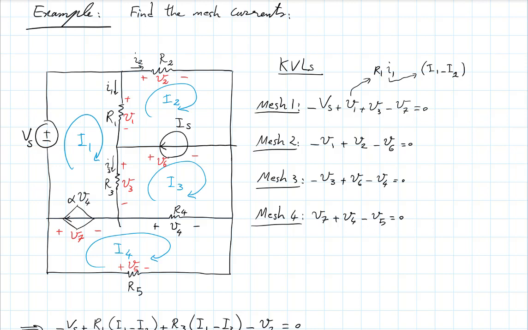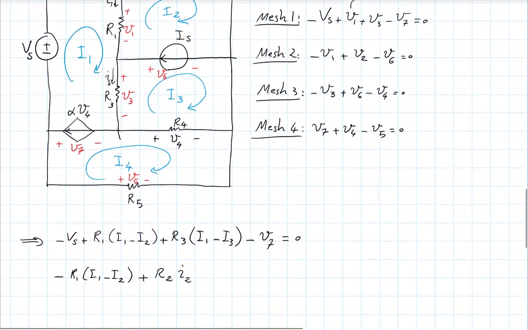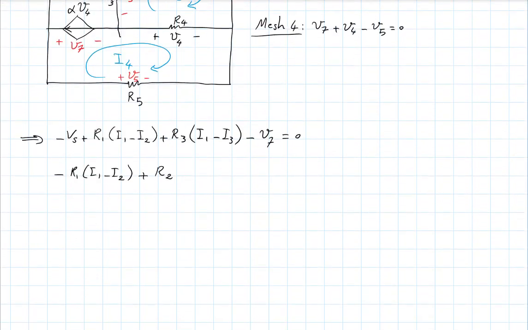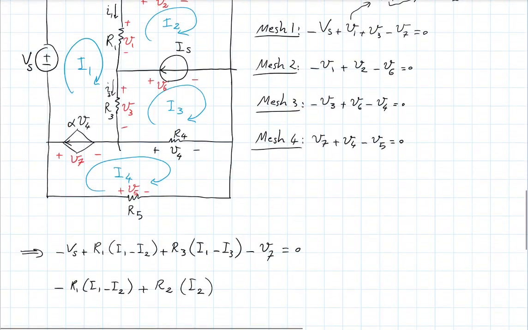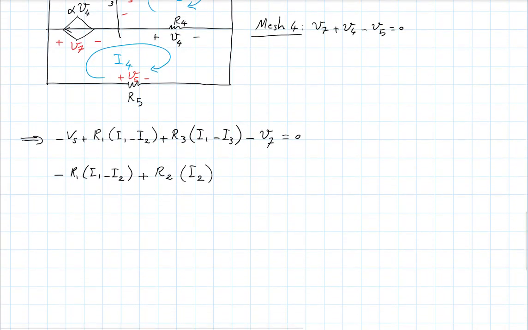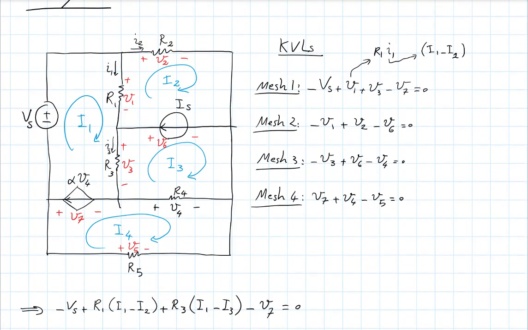It's not a physical quantity in itself, conceptually, but it happens to be equal to the element current I2. So little I2 is just equal to big I2. It's I2 minus 0 if you assume that you have another mesh, but there's no current there. So it's just I2. And then I have minus V6, and V6 is the voltage of a current source. So again, no way to directly relate it to the currents. So that's the second mesh.